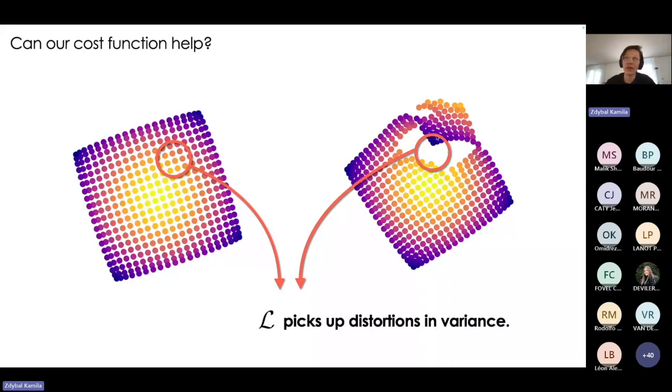And you can see that if I were to scan this embedding with a filter that has this size, then I would pick up a lot of variation over here, because my values go from purple to yellow over a reasonably small filter size.